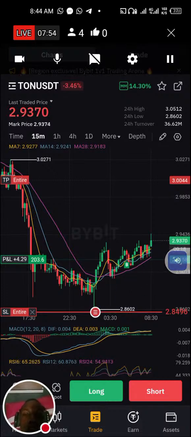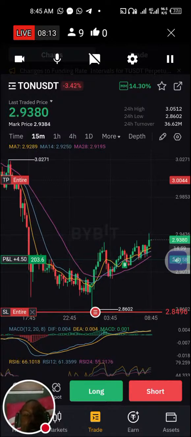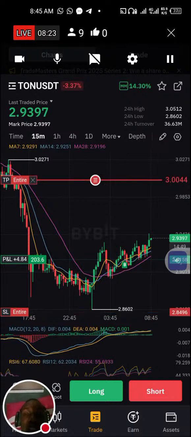So for you to set a good SL, which is stop loss, you have to set it below the support line if you are longing the market. And also, if you want to make your take profit, let your take profit be close to the resistance line.